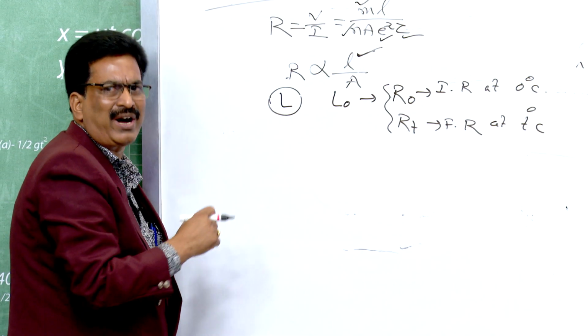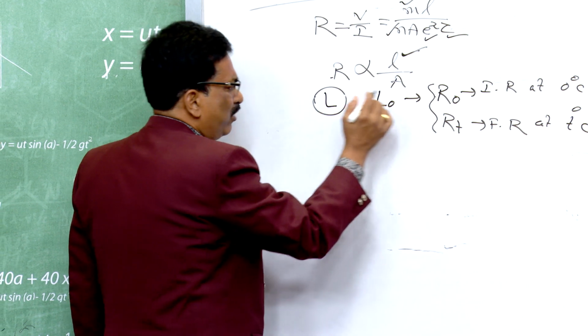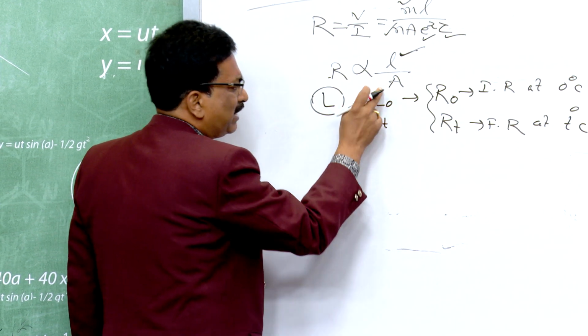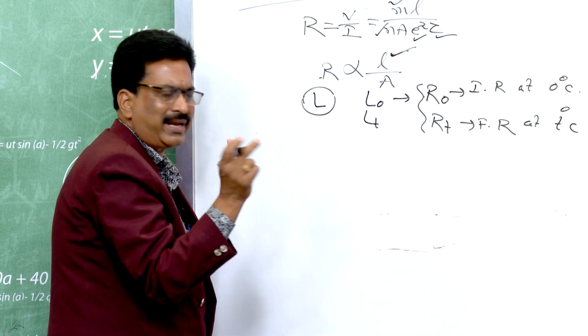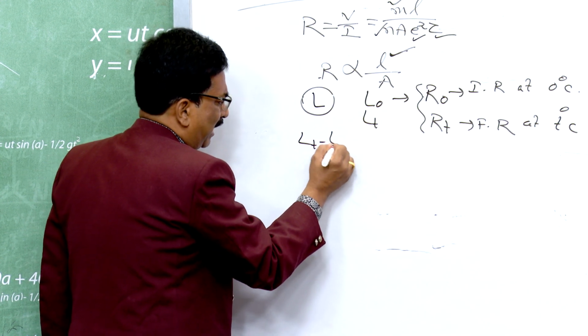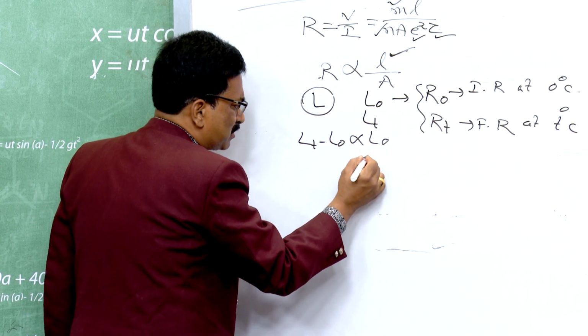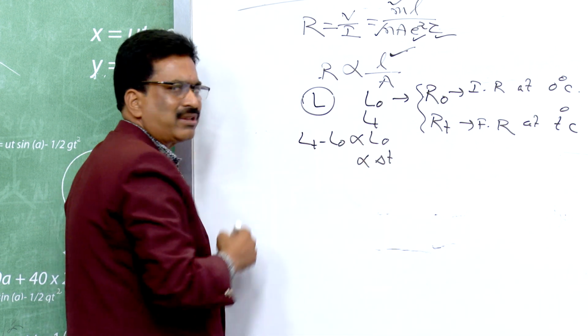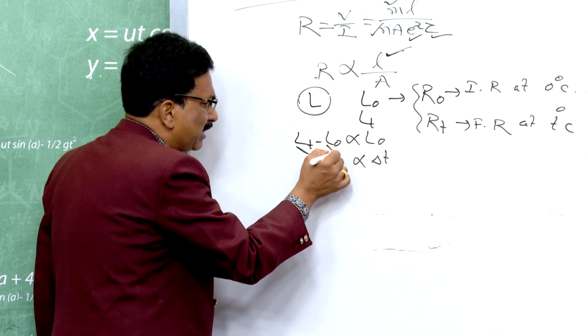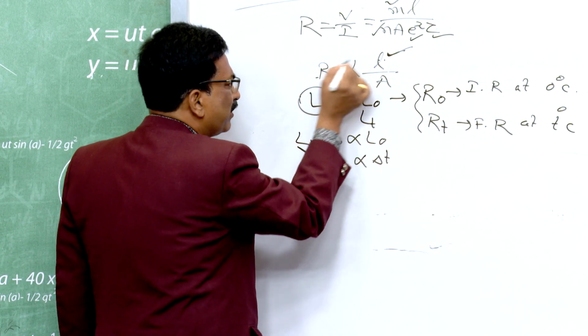As per thermal expansion in first year, you know that we have taken two lengths L0 and LT. From that it is clear that LT minus L0 is proportional to L0 and proportional to del T. Here length is related directly with the resistance.